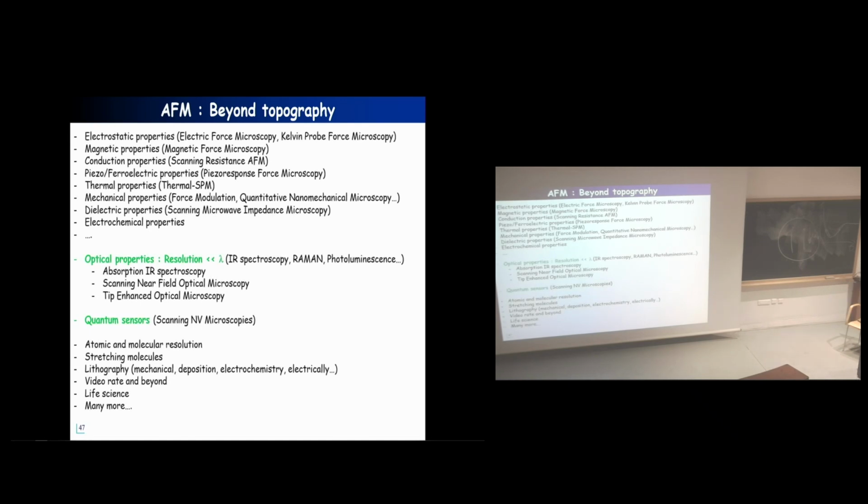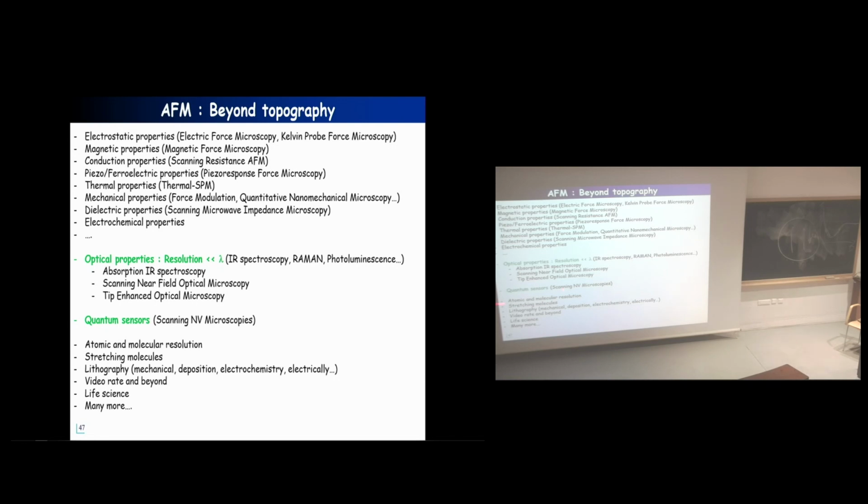I've read somewhere, I was not able to find back the reference, that something like 250 modes were developed from the initial SPM idea. So in surface science you can measure electrostatic properties, called electric force microscopy, Kelvin probe microscopy, MFM for magnetism, scanning resistance AFM for conduction properties, piezo force, thermal, you can measure thermal conductivity, temperature, and so on. You can even measure optical properties with a resolution well below the diffraction limit.